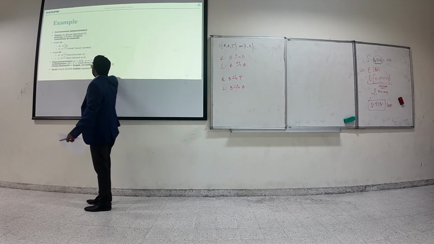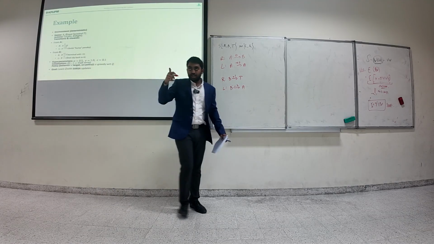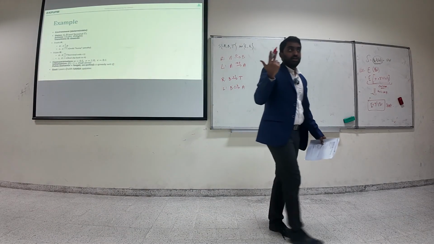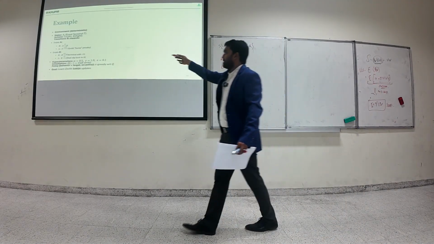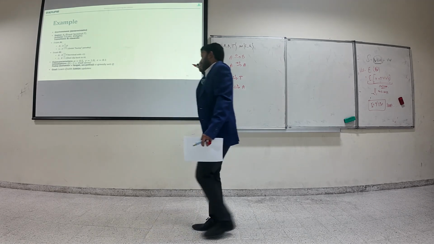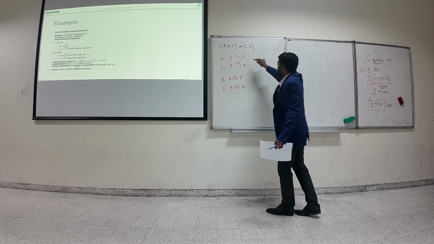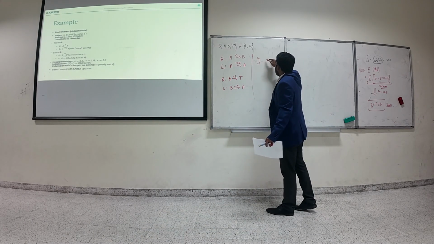The hyperparameters alpha, gamma, and epsilon, which are the learning rate, discount rate, and the epsilon-greedy term for exploration, are as given here. You need to first initialize. So Q here is all zeros, basically empty.